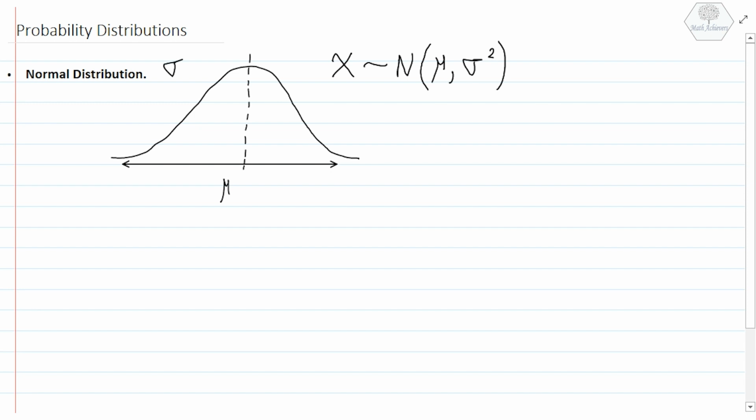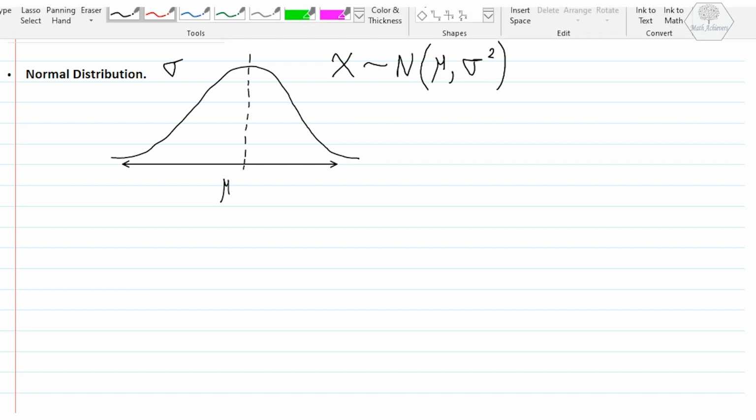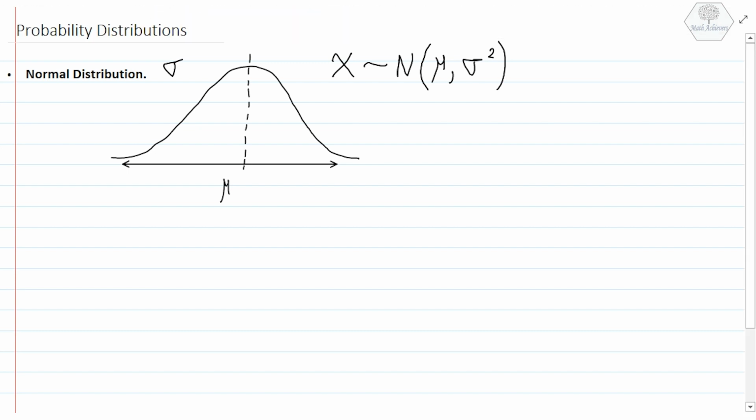Let's talk about the properties of the normal distribution curve. The first thing: the area under the curve represents the probability. And since the probability always equals 1, the area is always equal to 1 or 100%.